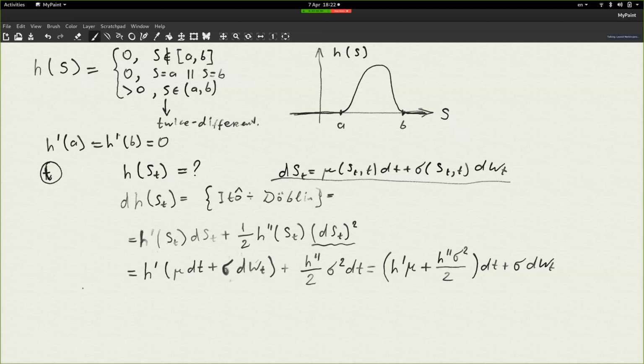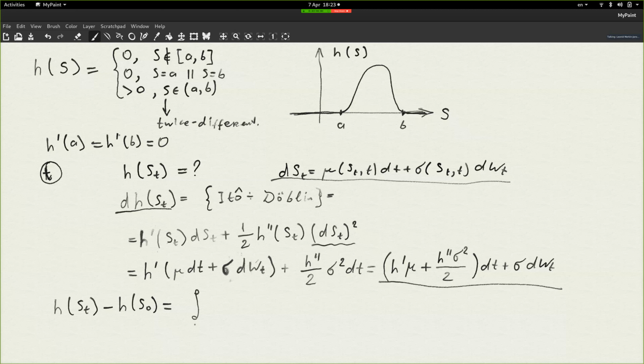Therefore, along any path of our stochastic process ST, by integrating this expression, we can say that H of ST minus H of S0 would be equal to a stochastic integral, and we express it as two integrals.